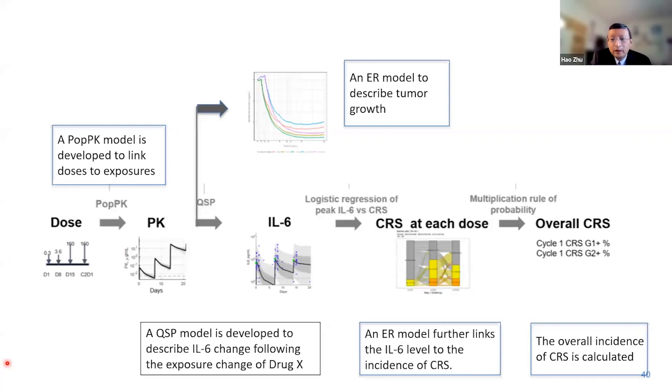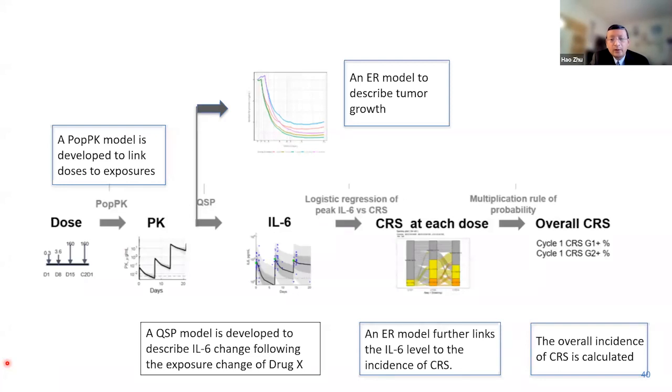So a complicated modeling approach was developed by the sponsor. A population PK model was developed to generate the PK profiles with the variability under different dosing regimens being tested in the clinical program. A QSP model was used to link the concentration change of drug X and relevant changes in IL-6.